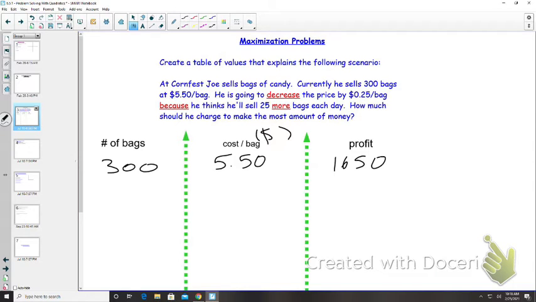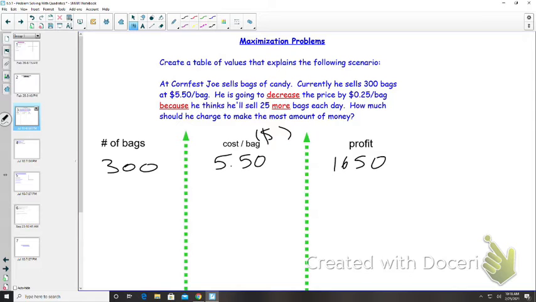Okay, this is his current situation, 300 bags at $5.50 a bag. But he wants to make more money, because he's an entrepreneur. So he's going to decrease the price by 25 cents a bag because he thinks if he reduces the price, he will sell 25 more bags each day.